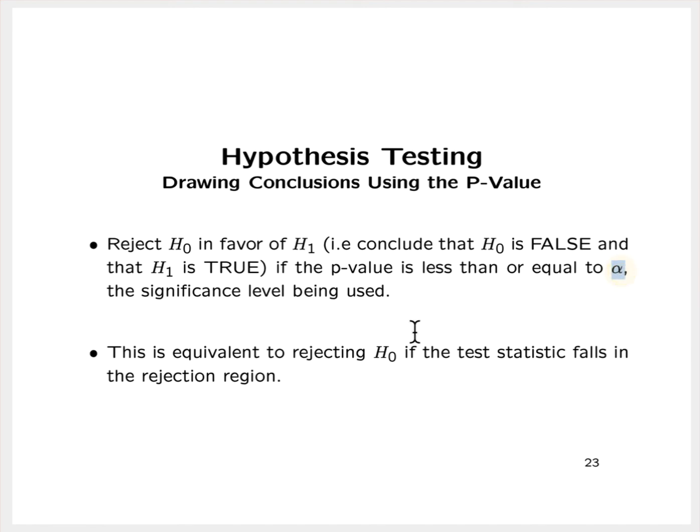Remember, alpha is the significance level of the test that we have chosen to use. This approach is equivalent to the approach using a test statistic in the rejection region. In fact, it's equivalent to rejecting the null hypothesis if the test statistic falls in the rejection region.